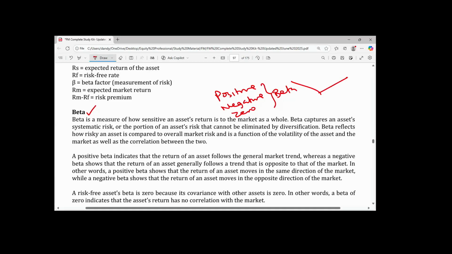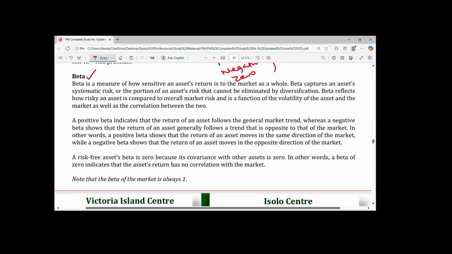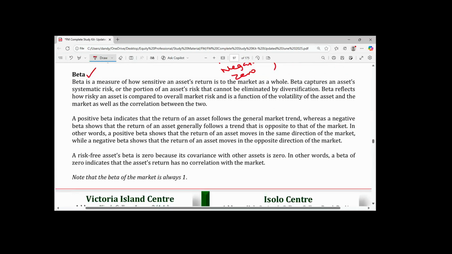Then zero beta simply means that there is no relationship. Zero beta indicates that the asset return has no correlation with that of the market.